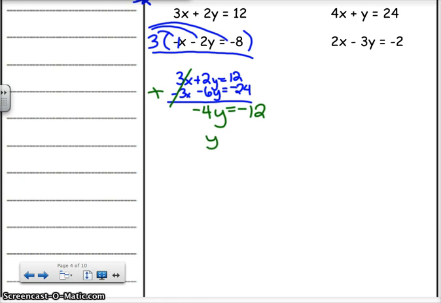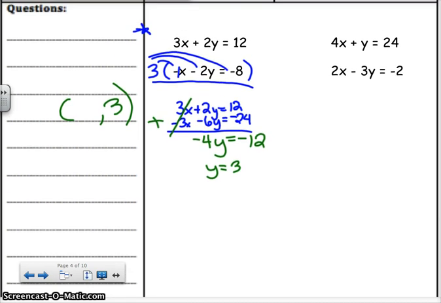So I will get a positive 3. This is a system of equations, so I have an x and a y. Now, I have 4 equations I can go back to. First one, second one, third one is the same as the first one, or the fourth one.